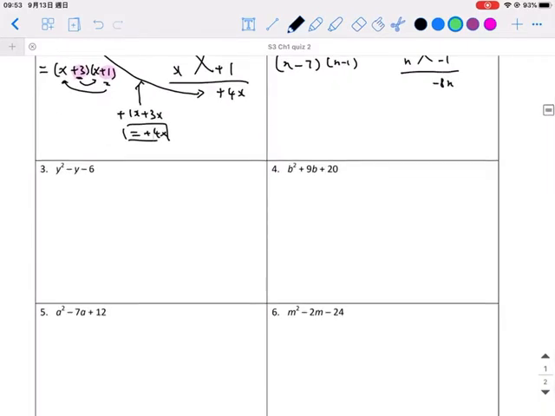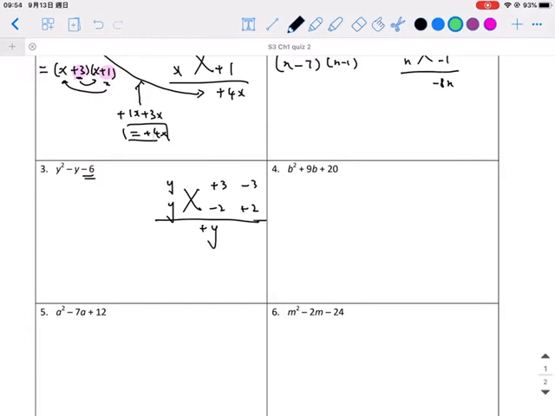For the third one, it should be y times y, and this time, because this is negative 6, remember it should be positive 3 negative 2, or negative 3 positive 2. Let's check which pair is our correct factor pair. After cross multiplication, positive 3 minus 2 is positive y, so it does not match.